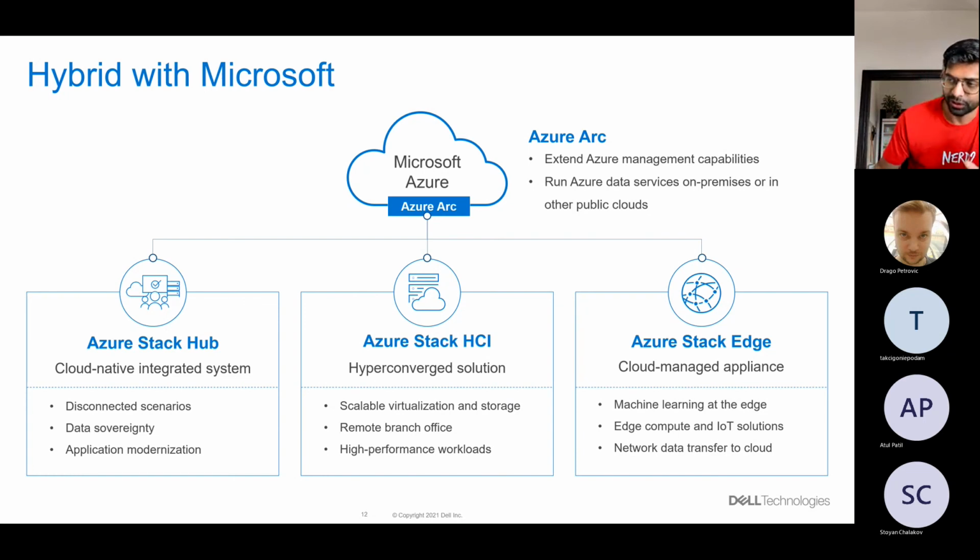It is best suited for remote branch offices. It is only this big, a small appliance. You can start from a single node and go up to 8 nodes, 16 nodes. You can go further as well. The best use case is edge locations, but that does not mean you cannot use it at scale. You can also use it at scale for your core data centers.